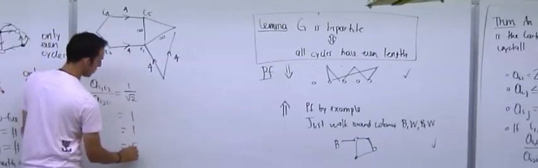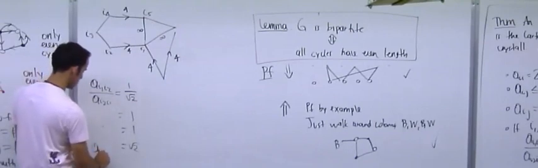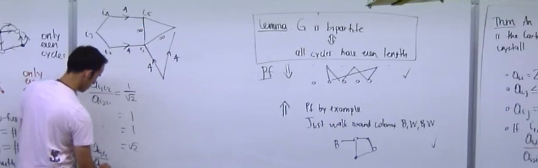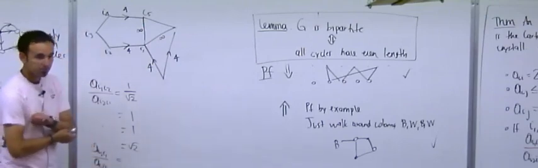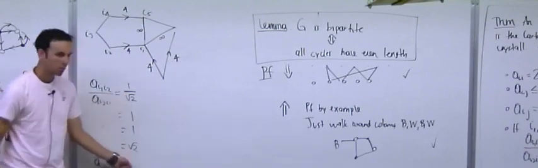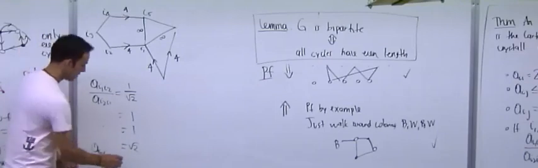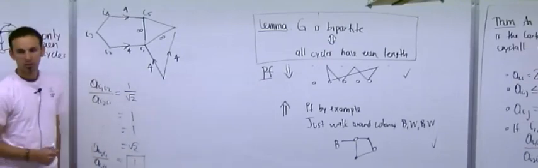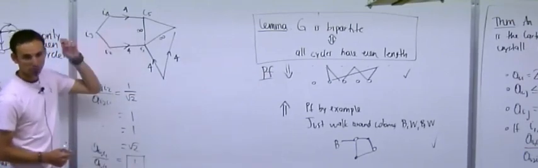The next one is square root of 2. And now I have to fix the last one. Okay. How do I fix it? Well, I have to choose the number that multiplied with these gives me 1. Okay. And I don't have a choice. It has to be a 1. Okay. And so somehow I have to make this thing have product 1.